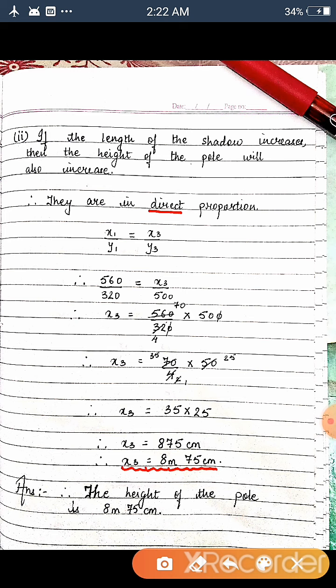Substituting the values and cancelling, you will get x3 is equal to 875 centimeter, which can also be written as 8 meters and 75 centimeter. So therefore, the height of the pole is 8 meter 75 centimeter.